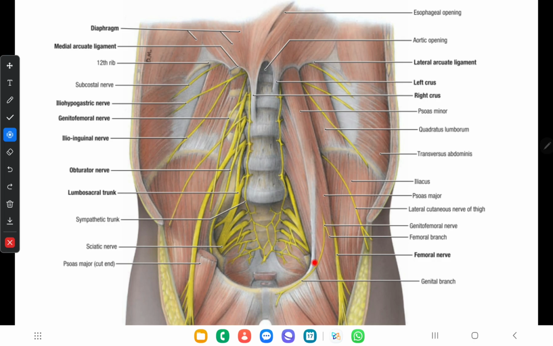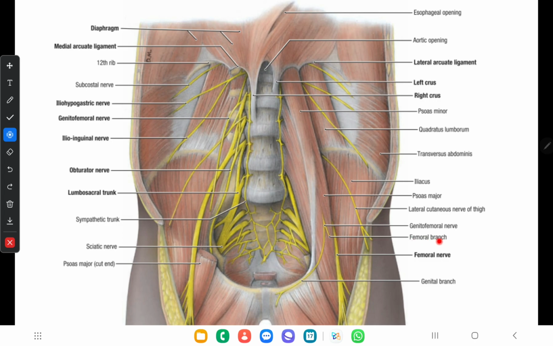This genitofemoral nerve is correlated with the cremasteric reflex. It is the clinical correlation of this nerve. The cremasteric reflex is when you stimulate the skin of the thigh in a male, in the small area which is supplied by the femoral branch.